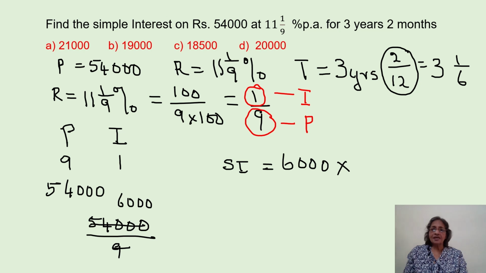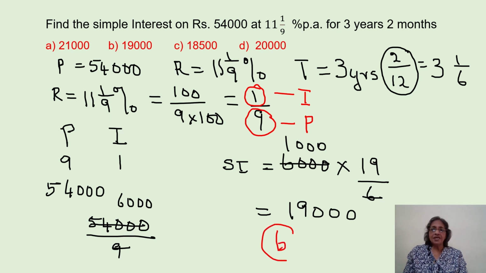I can convert and make it 19/6. So final answer is 19,000, which is nothing but the B option. Okay. Now in the first two sums itself, we have used all the three methods. In the previous sum, we used the formula and we used the percentage. Here, I have used the ratio method. Whatever you are comfortable with, do that.